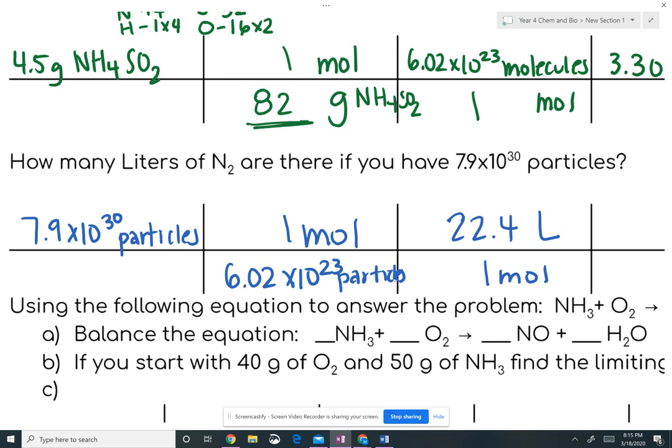So I'm going to get 7.9 times 10 to the 30th power. And then I'm going to multiply that by 22.4. And I should get like 7.9 times 10 to the 32nd, my bad.